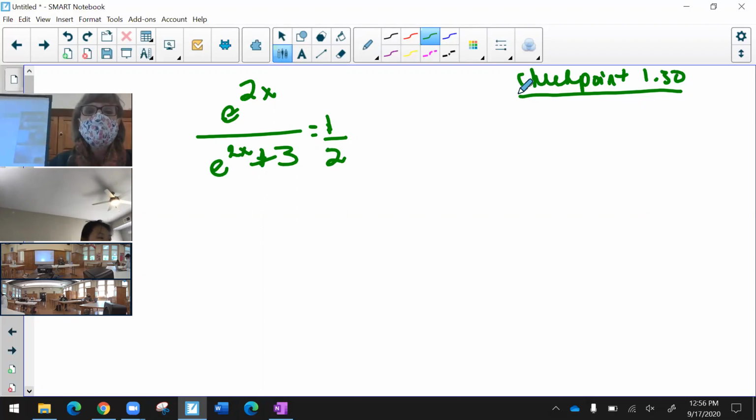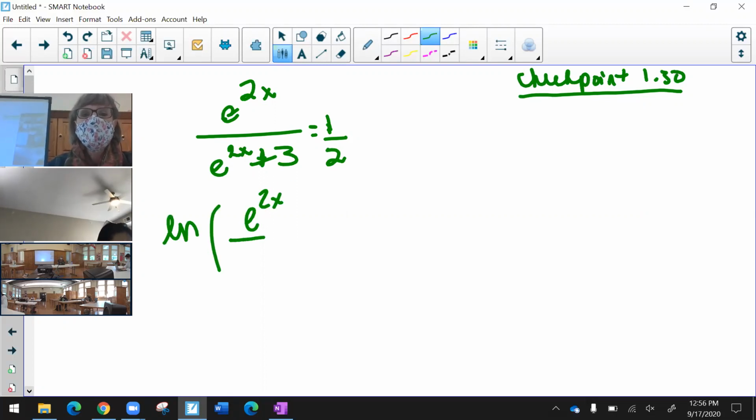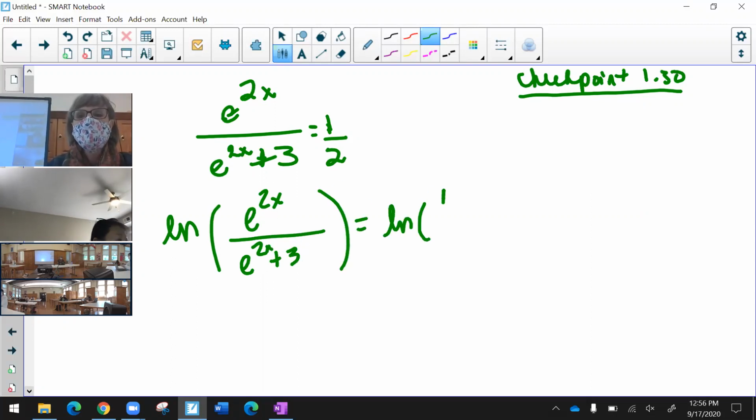So if I took the natural log of both sides of the equation, I'd have the natural log of this equal to the natural log of 1/2, which is cool, because the natural log of 1/2 is just a number, right? I don't care. So what am I supposed to do with this, though? What's my goal here?